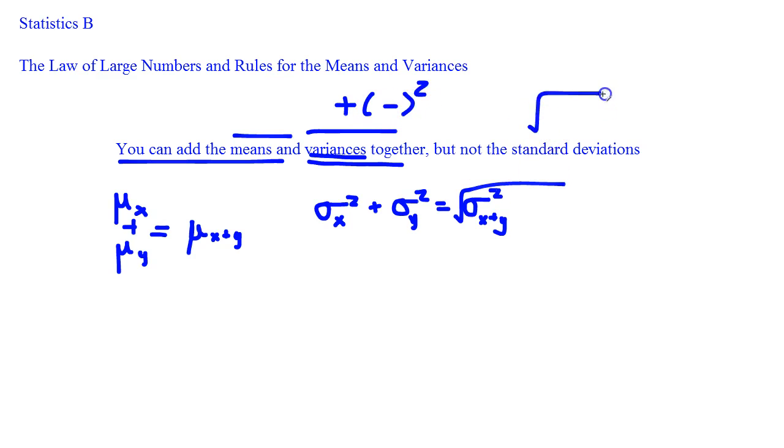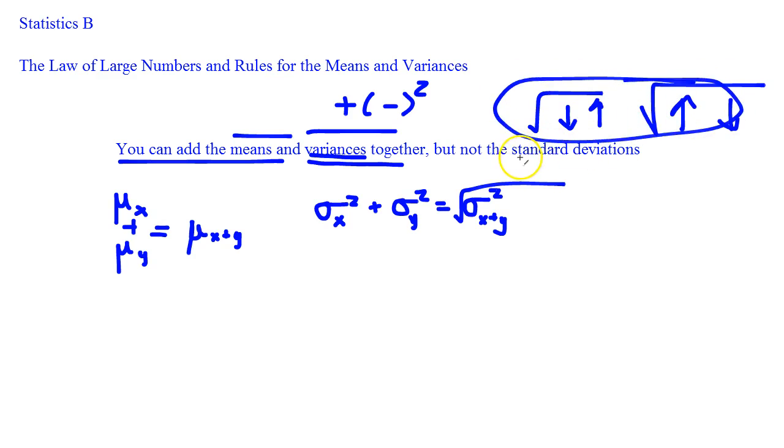But standard deviations have a square root, and square roots do the funniest things. Like for really, really small numbers, the number actually gets bigger when you square root it. Or if you square root a really large number, it goes smaller. So funky things happen with standard deviations because they are square roots.